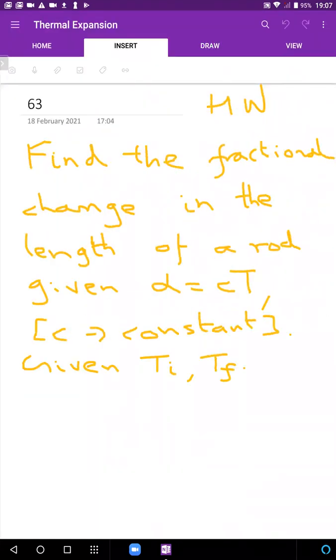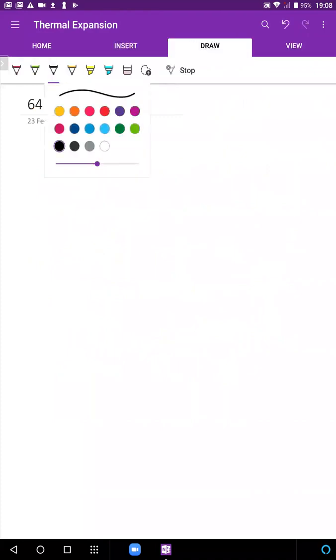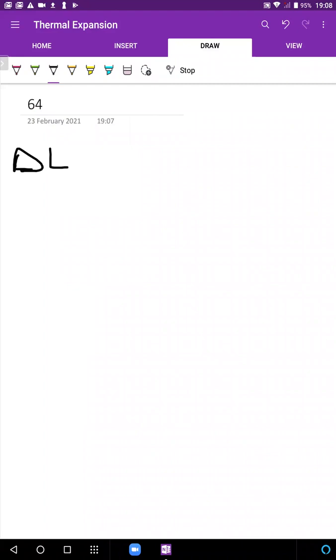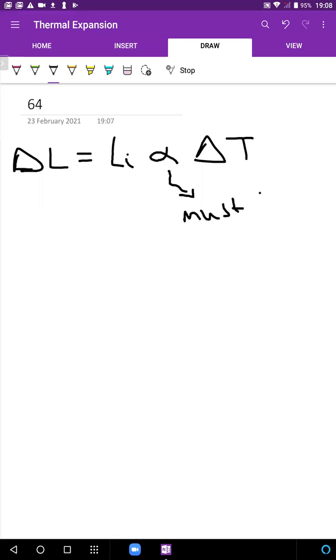All right. So in this question, just to go over the formula once, we know that delta L, the change in length, is L initial alpha delta T. Now, when you see this formula, you realize that this formula treats alpha as a constant.